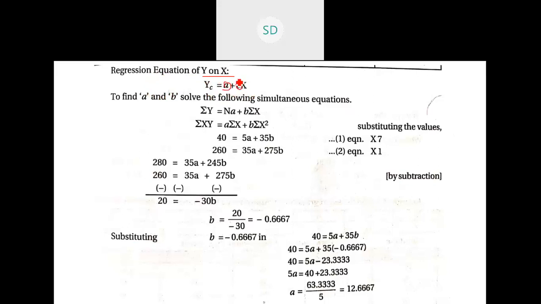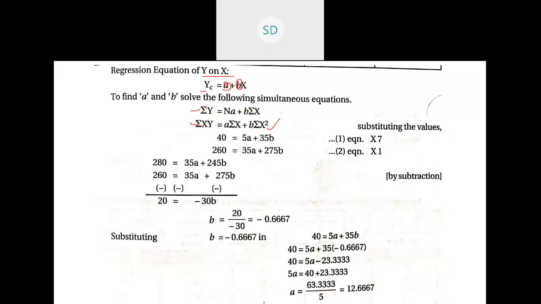So for these x and y values, you have these two simultaneous equations to be calculated. The first one is summation y is equal to na plus b sigma x. Then the second equation is summation xy is equal to a summation x plus b summation x square. So here in y on x you will have x square.